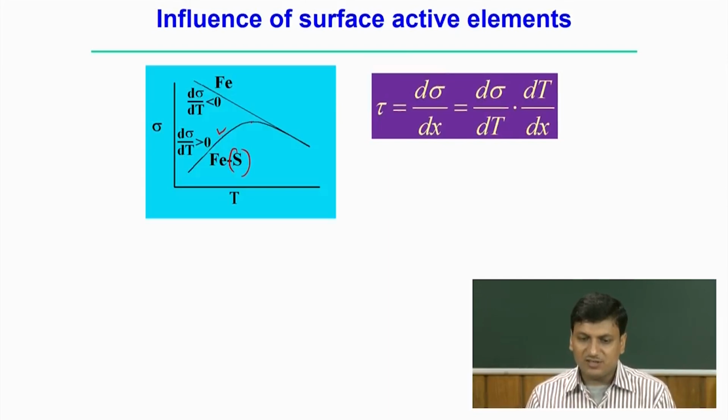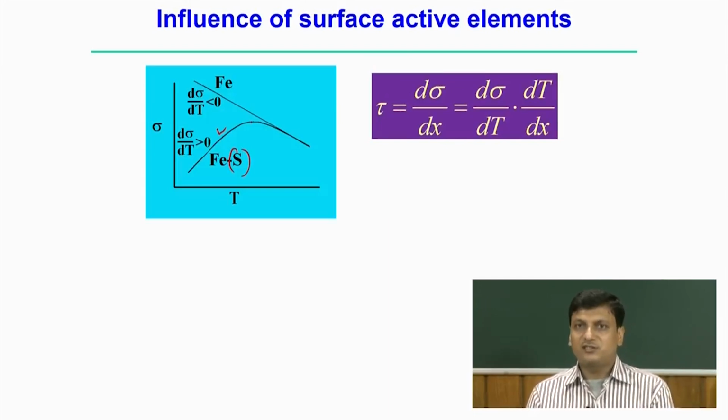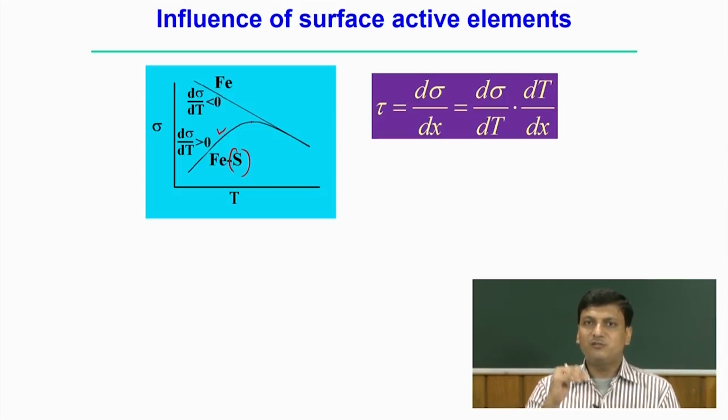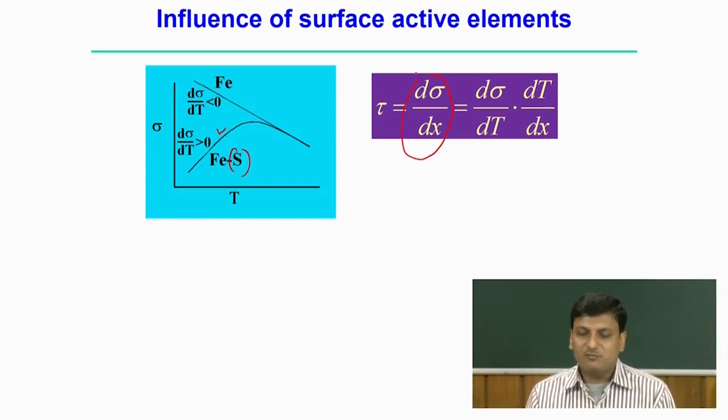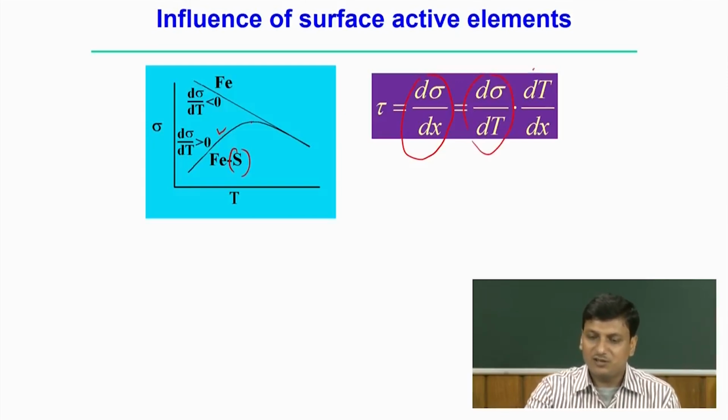So, this basically modifies the shear stress on the top surface of the weld pool, that means at the interface between the liquid medium and the gaseous medium. That shear stress can be represented by d sigma by dx, which can be written as d sigma by dT times dT by dx.